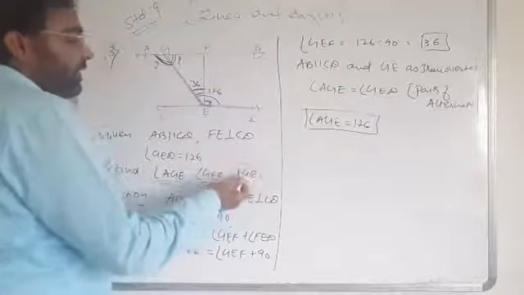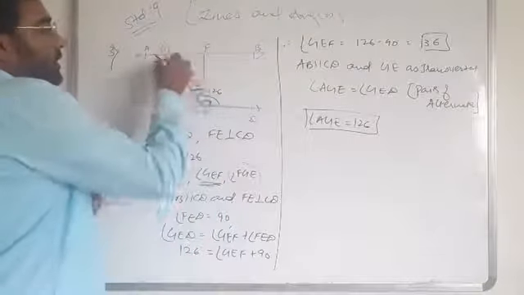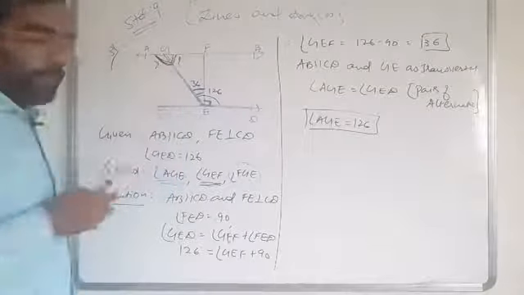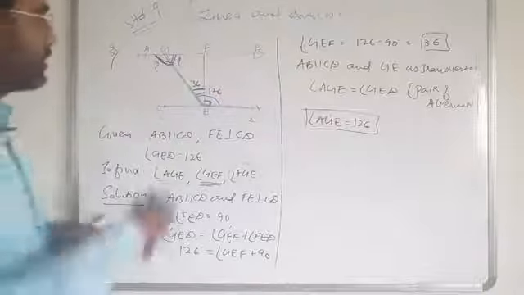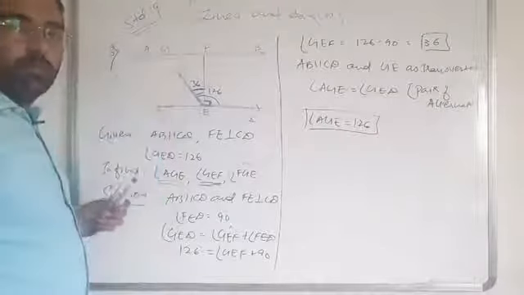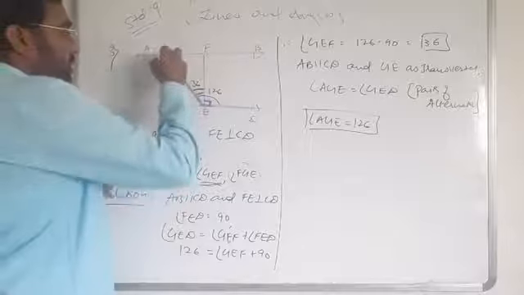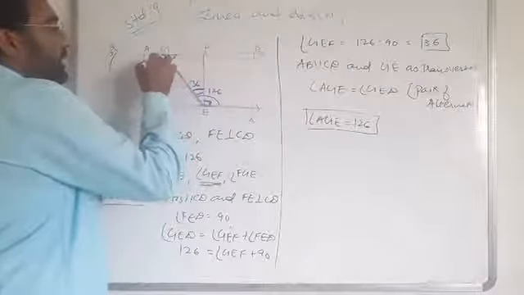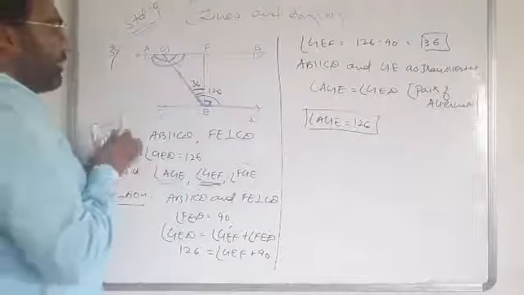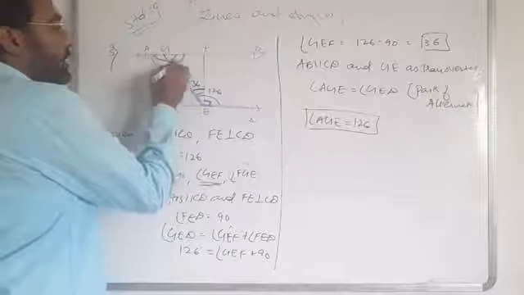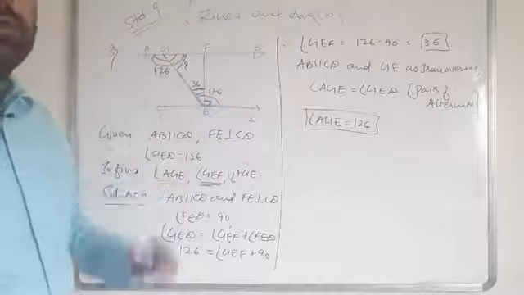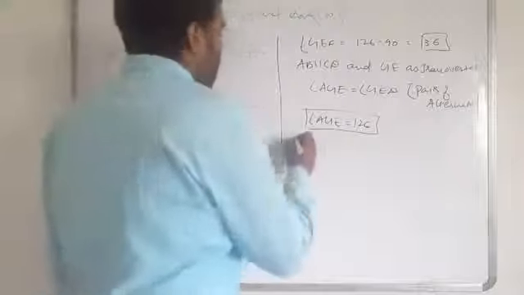Now we have to find the remaining angle FGE, this angle. These two angles form a linear pair. I know that AGE is 126, so after that we find this angle using the linear pair of angles.